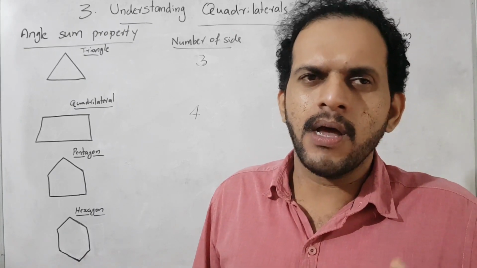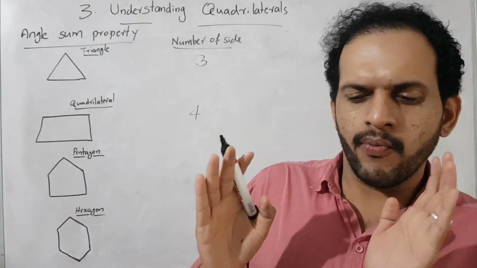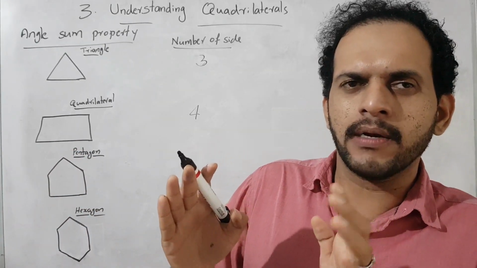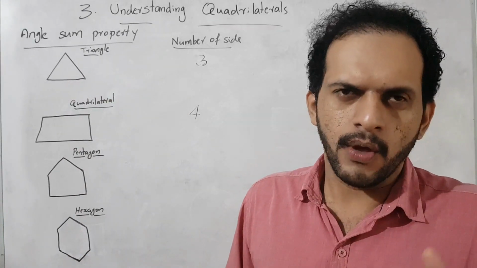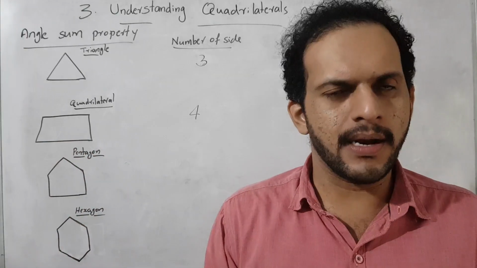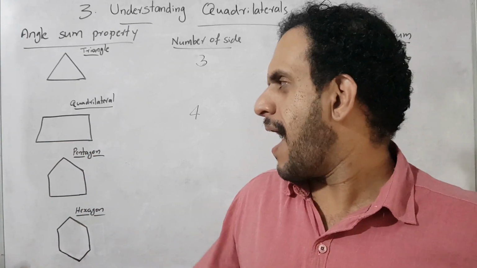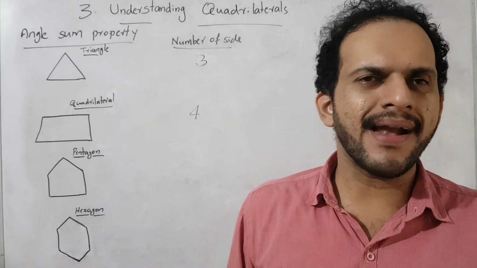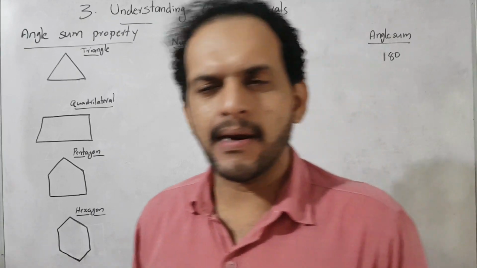So for finding the angle sum of a quadrilateral, we divide the quadrilateral into triangles by drawing the diagonals.